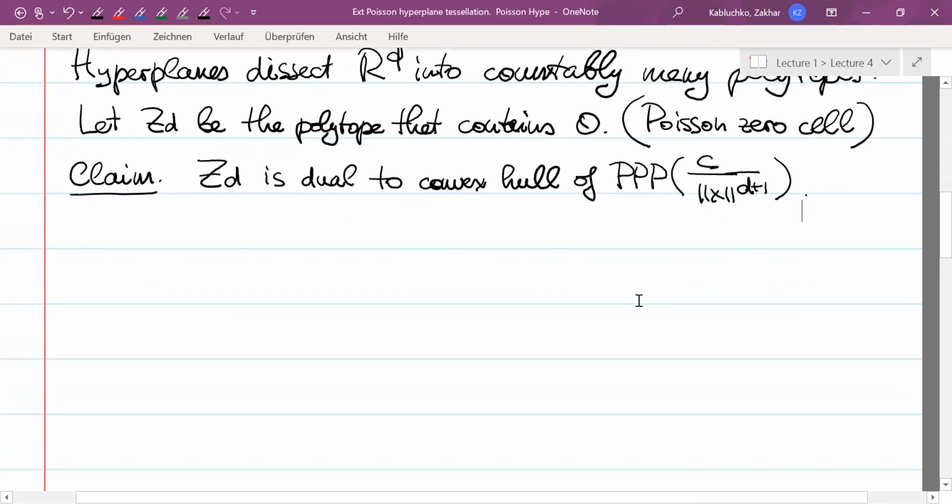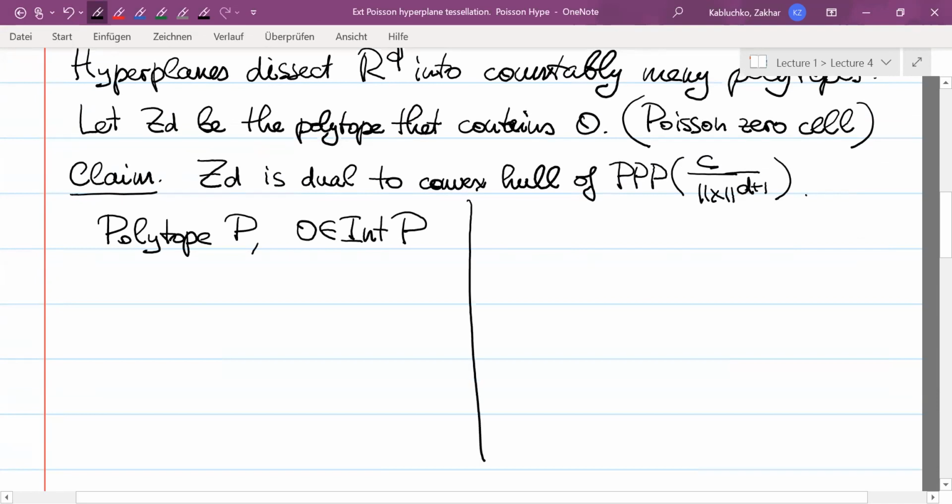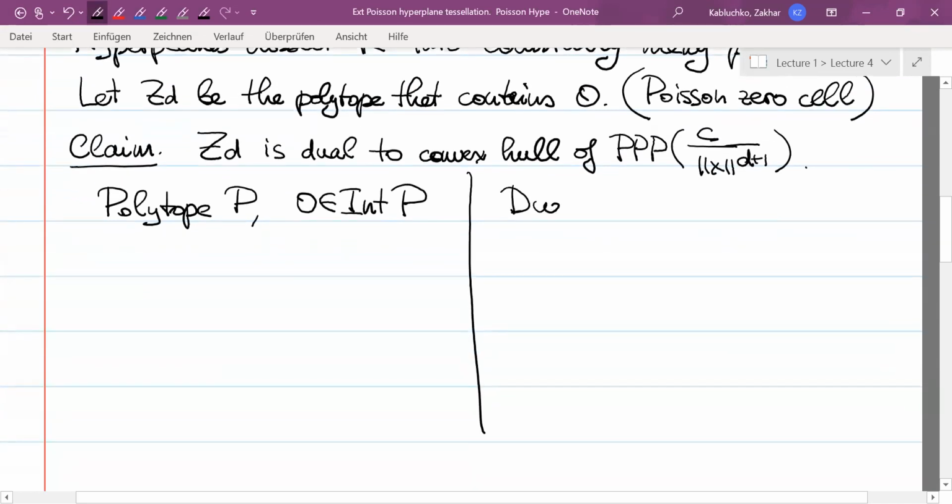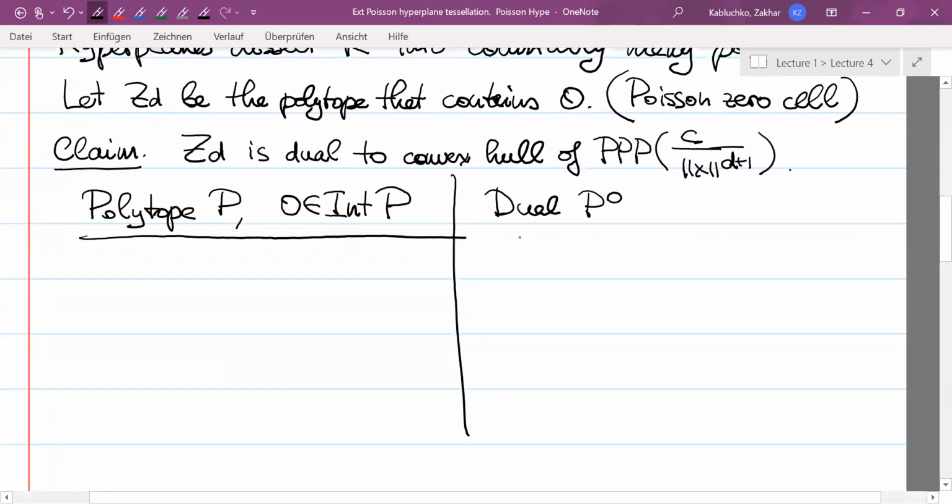Now, what does it mean to be dual? So here is the notion of duality for polytopes. Let us consider some polytope P, and the whole theory works nicely if the origin is contained in the interior of P. And then we shall define the dual of this, the dual polytope P dual, and this is given in the following way.